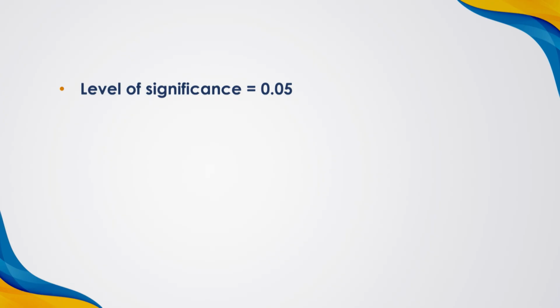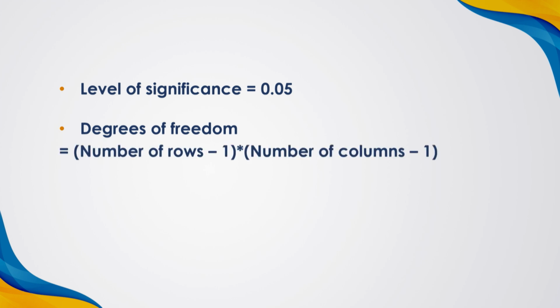What will be the third step? Level of significance alpha, that is 0.05, and your degrees of freedom. Here there is a minute correction in your degrees of freedom. Earlier it is simply n minus 1, that is the number of observations minus 1. What about here? It will be number of rows minus 1 into number of columns minus 1, because it is a contingency table and you have to work out accordingly.